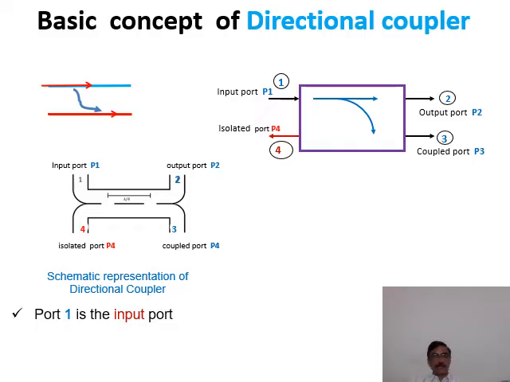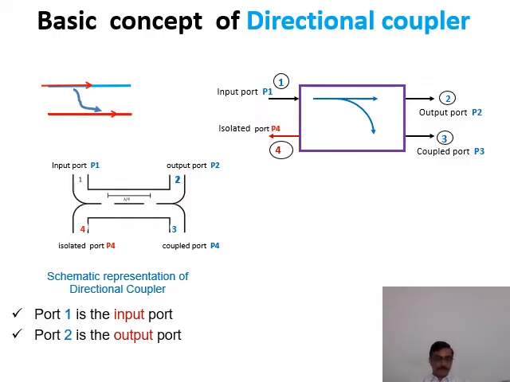It consists of 2 waveguides and 2 holes like this. We'll discuss more in detail about this 2-hole waveguide based directional coupler in the coming slides.